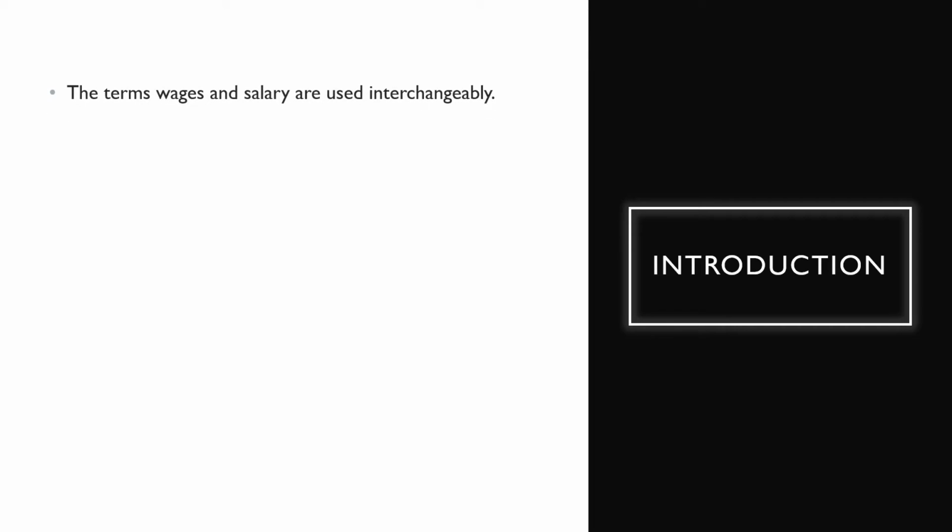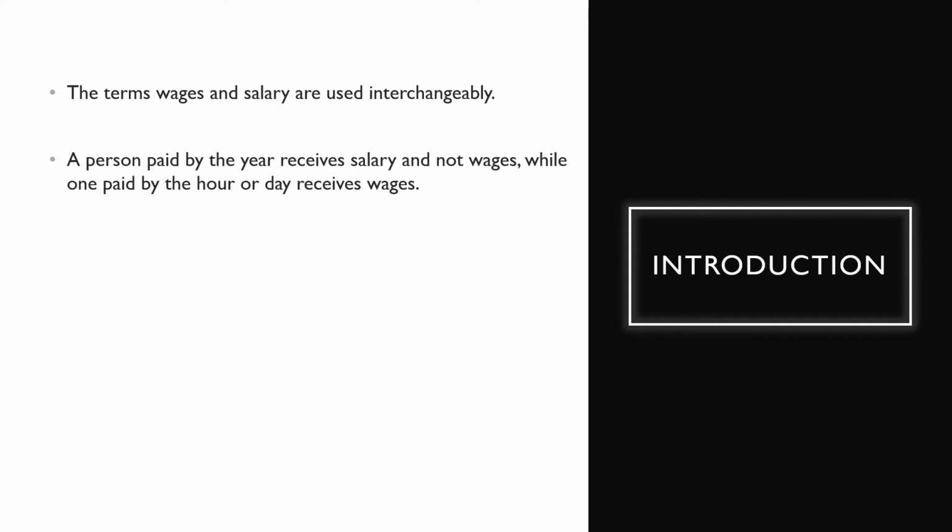From that aspect, we may come into a contradictory situation, because we use the other term salary also. That's normally what happens in our usual conversations. We use the word wages interchangeably with the word salary, but in one sense we can differentiate wages from salary.